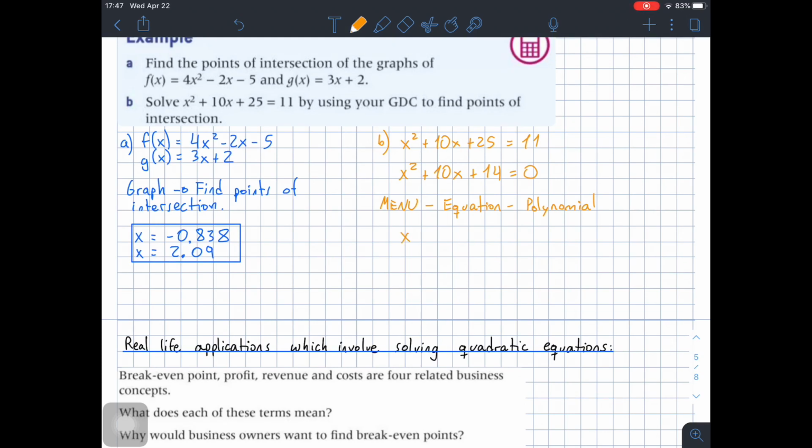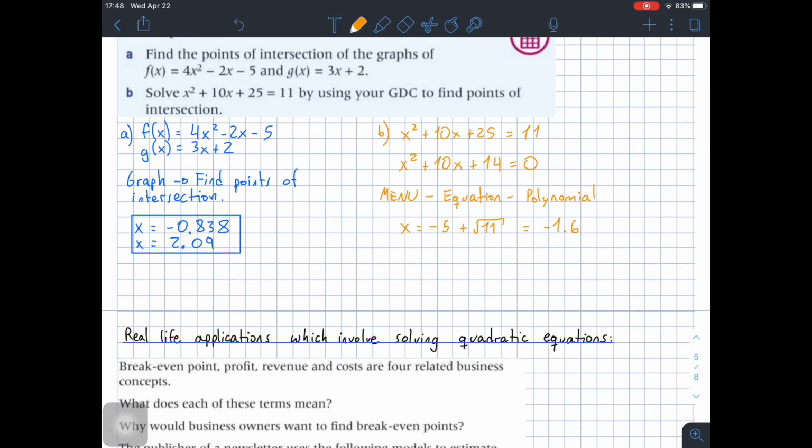So the two results are x equals negative 5 plus root 11, which if you want to write in decimals, is equal to negative 1.68, and the other value of x is -5 minus root 11, which if you write using decimals, would be -8.32.